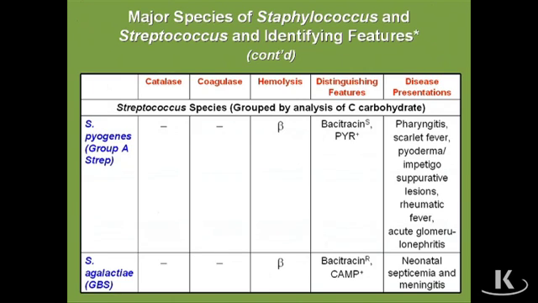Now, one of the ways that the streptococci are differentiated is based on their hemolytic pattern on blood agar. And what did we already talk about? We said that Staph aureus and Strep pyogenes were both beta hemolytic, okay? In addition, Group B strep, or Strep agalactiae, is also beta hemolytic. What does that mean?